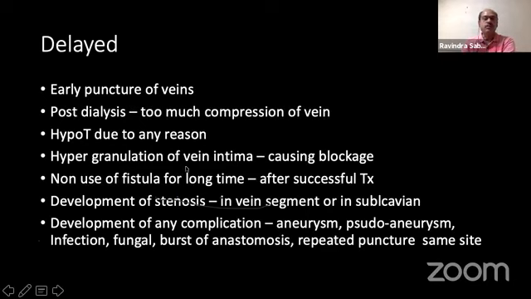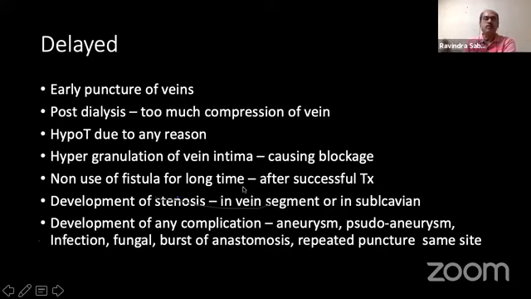Hypotension, hypergranulation of the intima. Now, this can be a problem of delayed failure over a period of years, because the vein is not meant for high pressure. The intima undergoes hypertrophy, and that hypertrophy sometimes can cause blockage. Non-use of the fistula for a long time: we have seen many times that it fails.